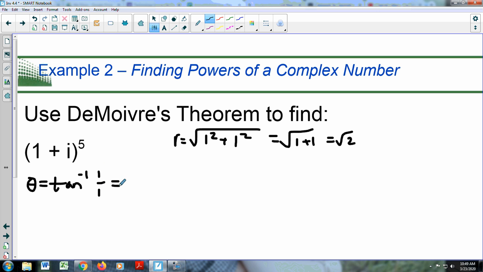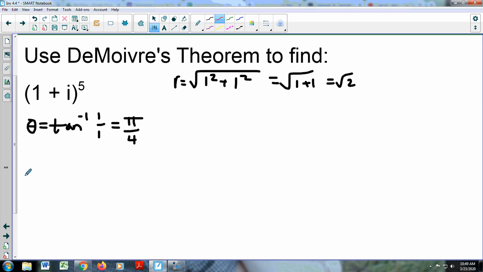Tan inverse of 1 just gives me pi over 4. So now I'm trying to find z to the 5th, which is 1 plus i to the 5th.